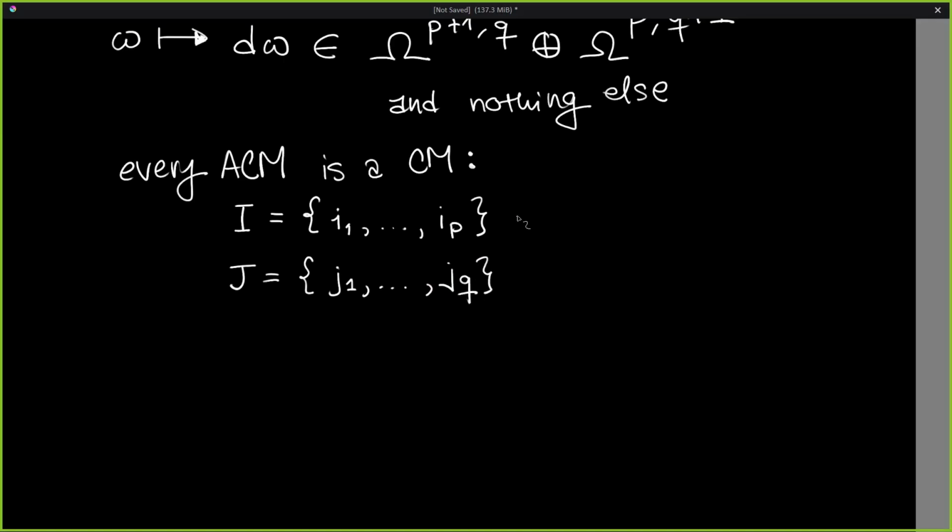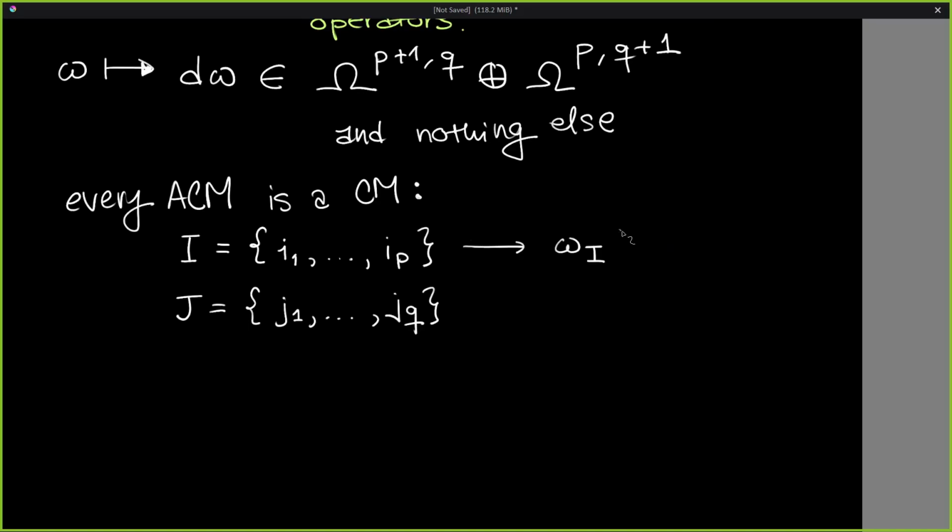When I write something like omega I, you have to think of this as there being an omega I for every one of these. There's an omega I1, an omega I2, and it might be a sum, it might be a product. So you have to think that there's a term for each one of these.